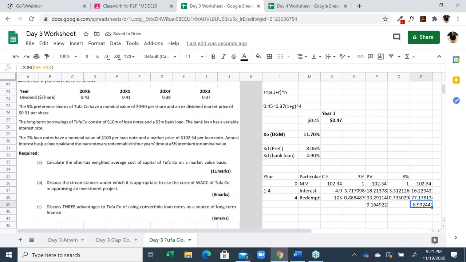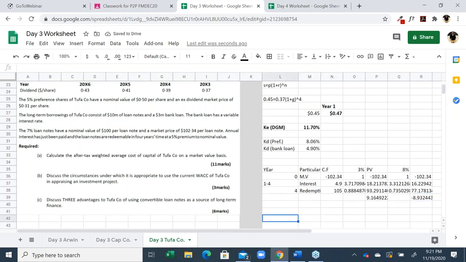So we've got a negative NPV, and let's calculate the IRR, which will be the cost of debt.